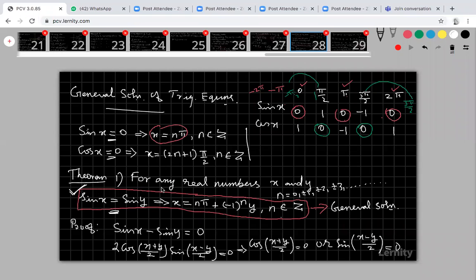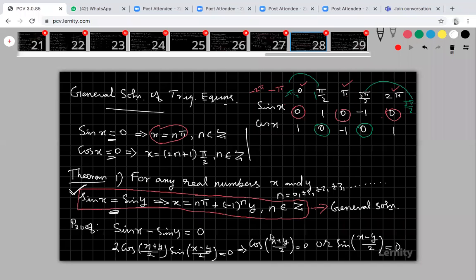So this is my sin x minus sin y formula: 2 cos of x plus y by 2 sin of x minus y by 2 equal to 0. If multiplying these two gives 0, what is the meaning? Either this is 0 or this is 0. Cos of x plus y by 2 equal to 0, or sin of x minus y by 2 equal to 0.